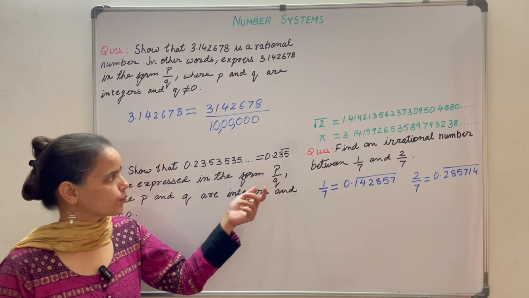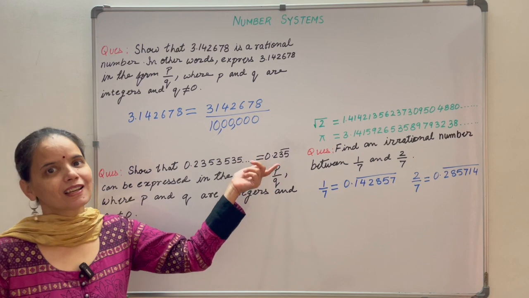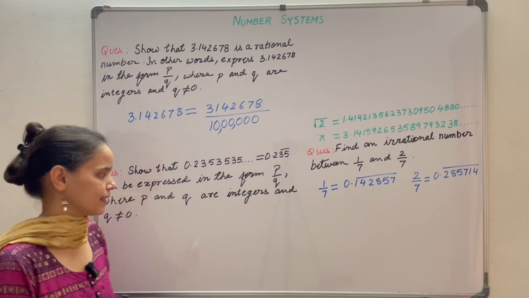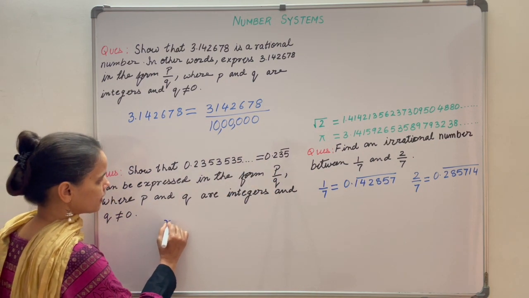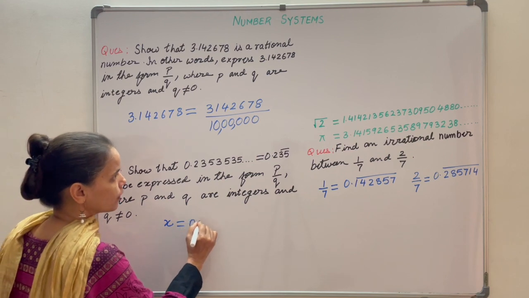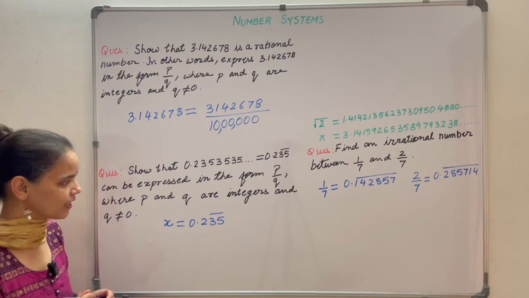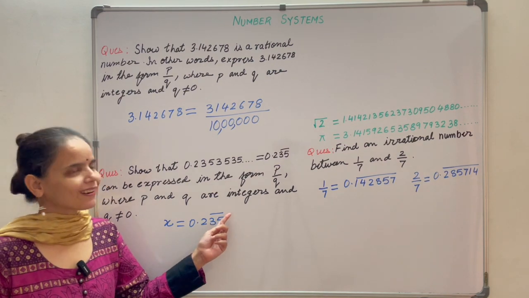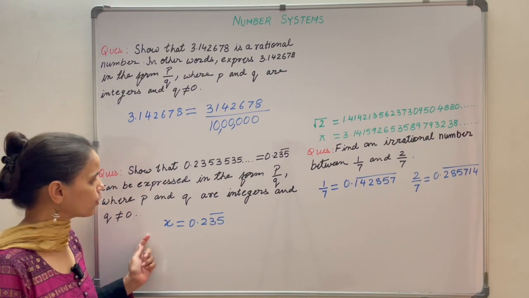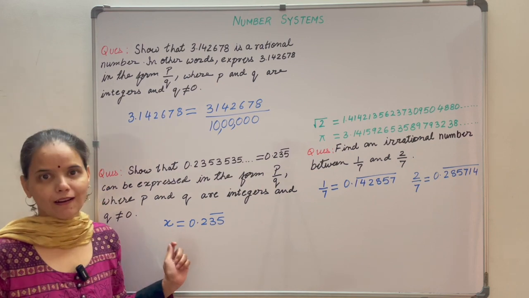So what we are going to do here is assume this rational number to be x. So let x be equal to 0.235 bar. Here you can see 2 digits are under the bar, so we are going to multiply both sides by 100.